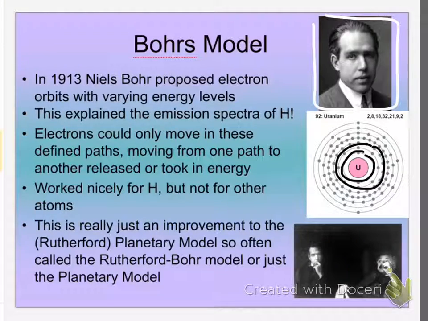This worked beautifully for hydrogen. However, when they started looking at larger atoms and larger elements, the theory fell apart a little bit. It's really just an improvement to the Rutherford planetary model, so this is often called the Rutherford-Bohr planetary model, or now it gets called the quantum planetary model sometimes. What's interesting is this is still the basic model that's used to teach electron configuration in introductory courses such as physical science.